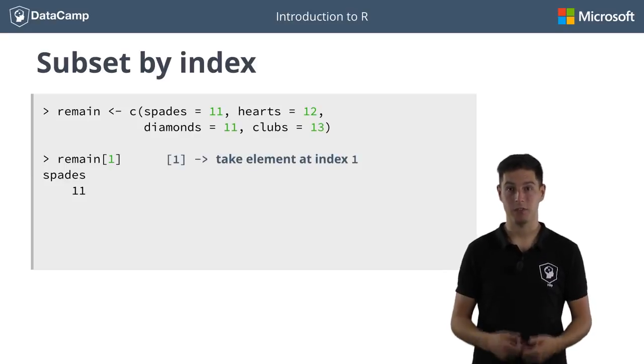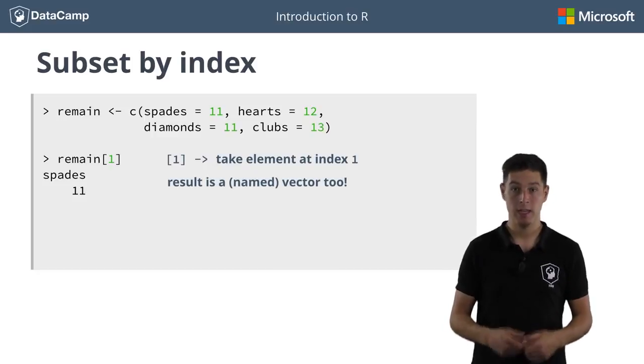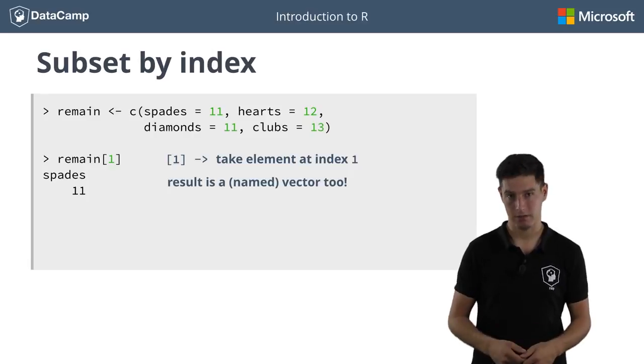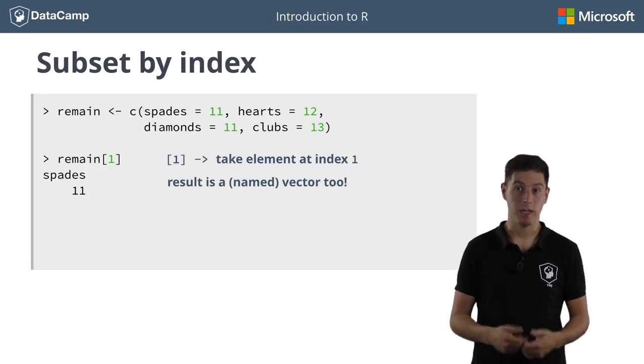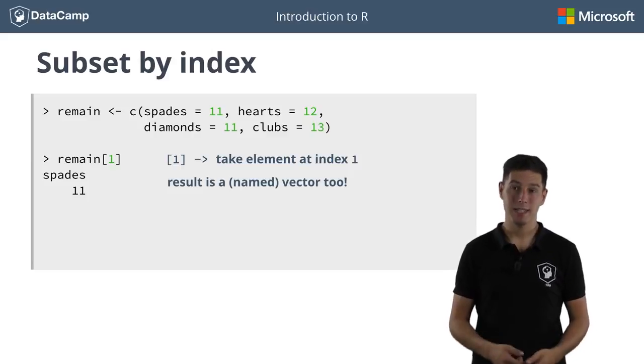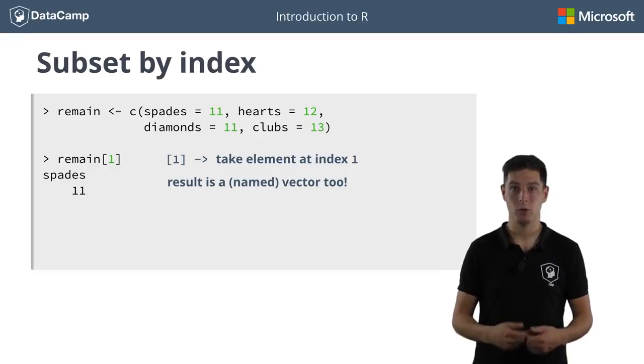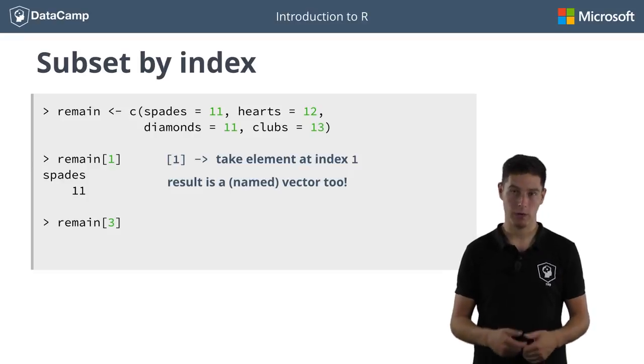The result is again a vector, because a single number is actually a vector of length 1. This new vector contains the number 11. The name of the only element, spades, is conveniently kept. If you instead wanted to select the third element, corresponding to the remaining diamonds, you could code remain followed by 3 in square brackets.